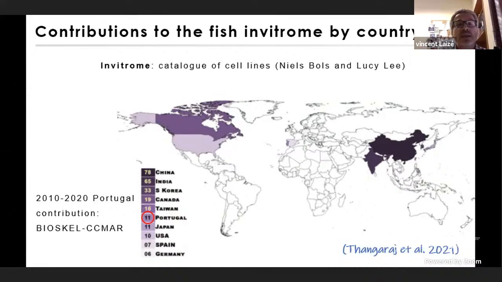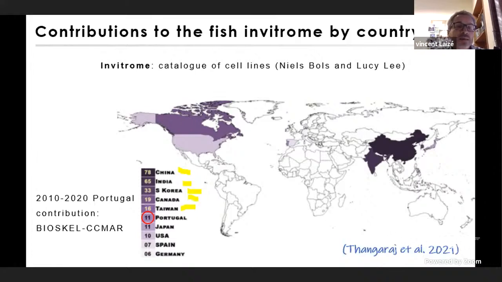And you can see here that the most important contributors are Asiatic countries, with China, India, South Korea, and Taiwan among the countries that contributed most to fish cell lines.